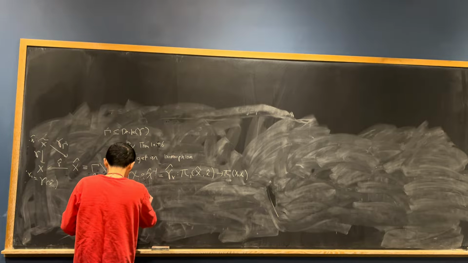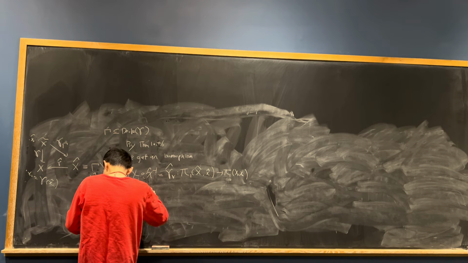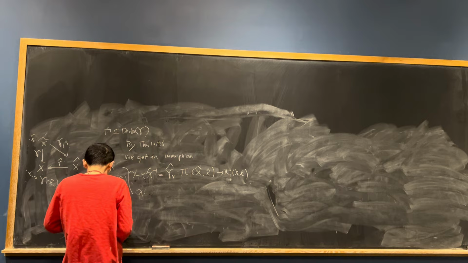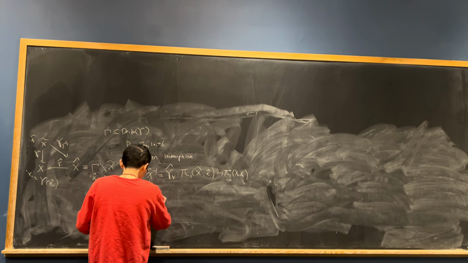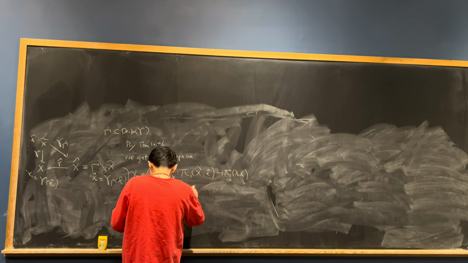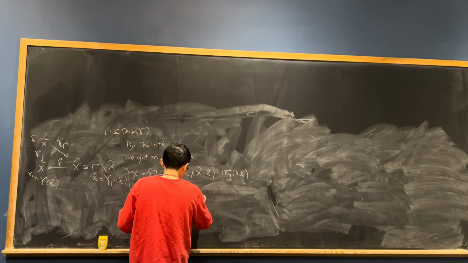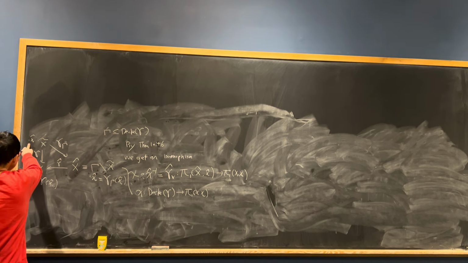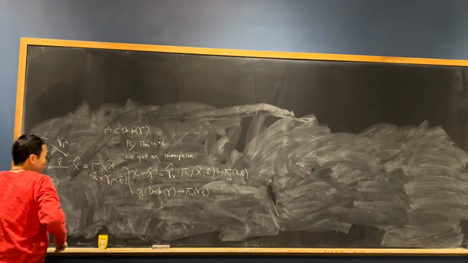This chi is from the deck transformation group of this vertical gamma to pi 1 of x naught. Basically it's the identification of this deck transformation group and the fundamental group of this x naught.